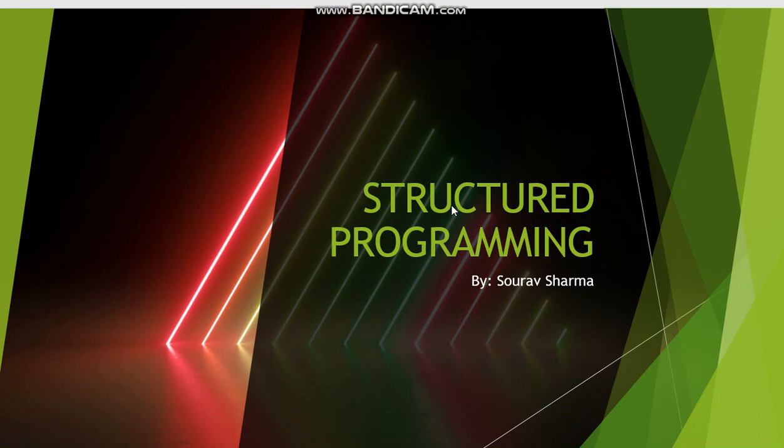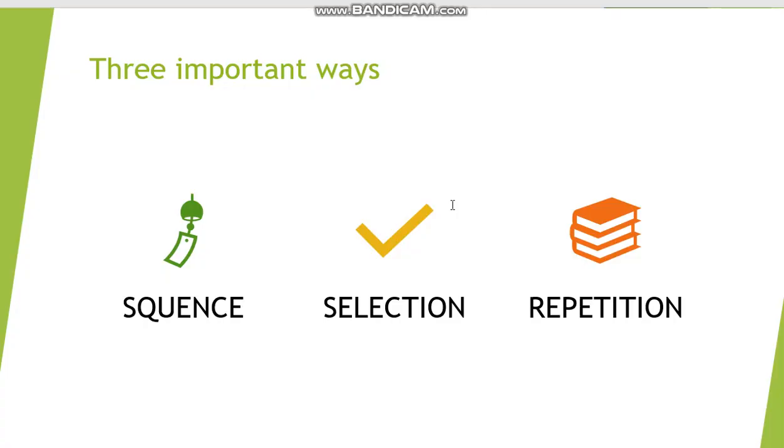So let us begin. First of all, there are three important aspects of structured programming. There are three components, that is sequence, selection, repetition. We are mainly focusing on these. Sequence means go in a particular order.